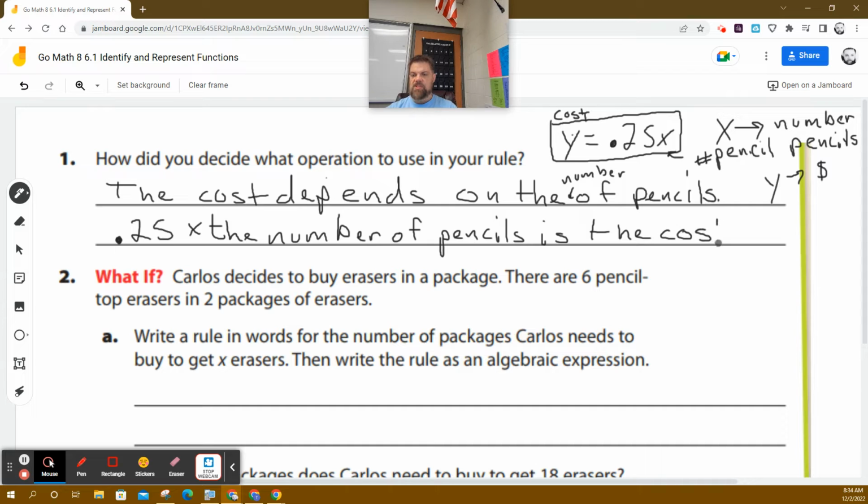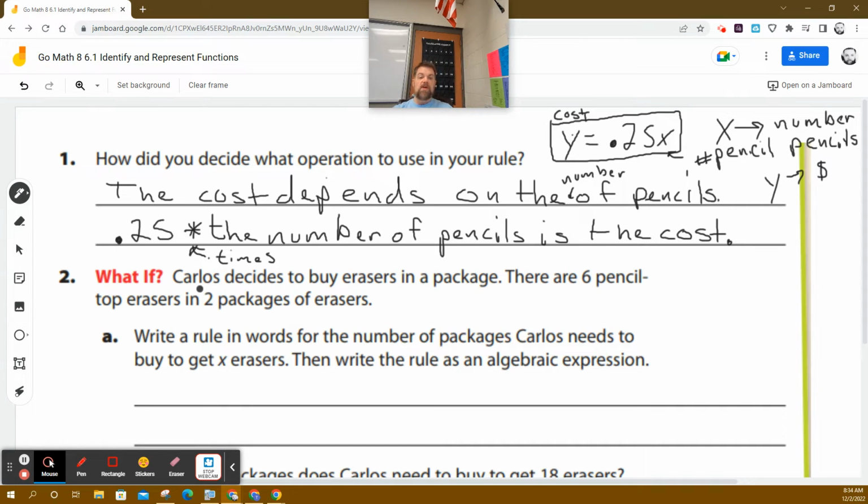Now I just realized something. This looks like an X. It is an X, but really I want to say multiply. 0.25 times the number of pencils is the cost.